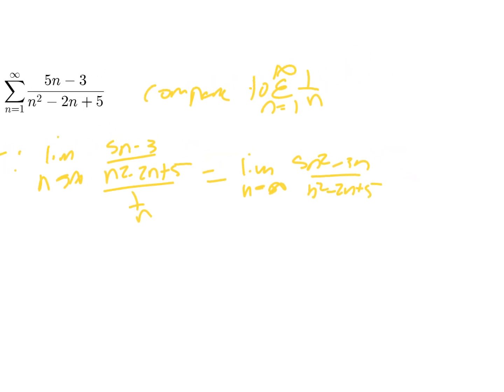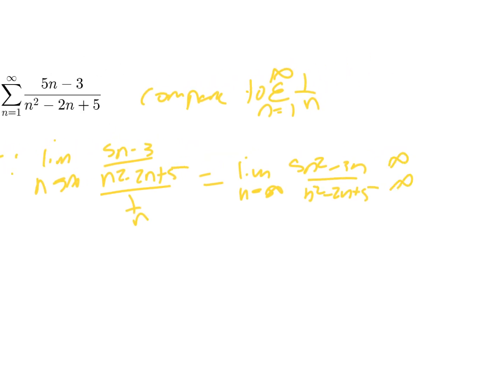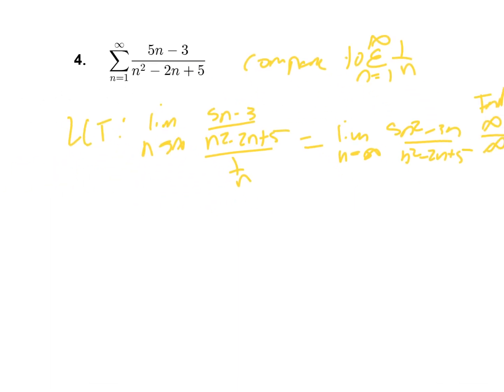And this, again, is infinity over infinity, so it is an indeterminate form. So we have to use L'Hopital, LH, I'll abbreviate it this time, which equals the limit as n goes to infinity of 10n minus 3 over 2n minus 2, which equals 5.